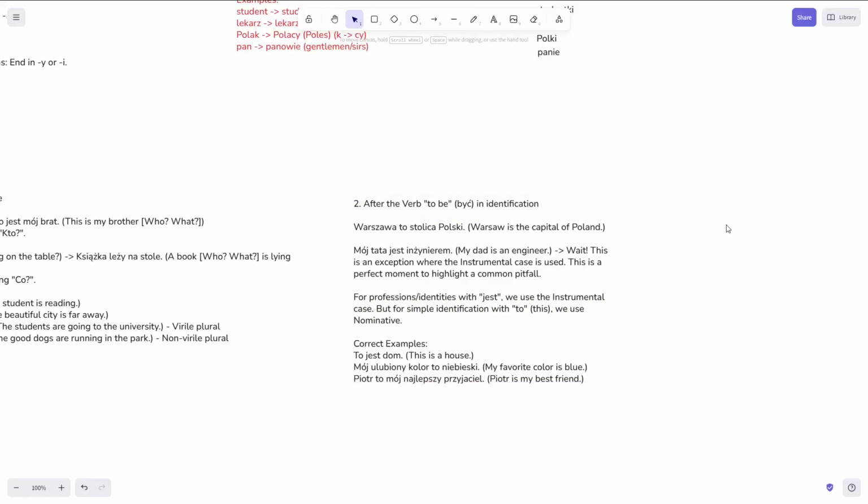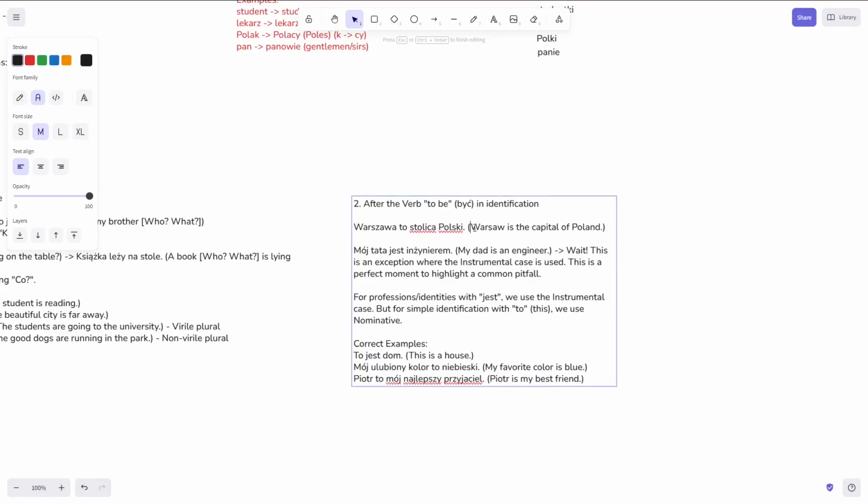So basically a form of identification. And there are two important things right here. First of all, this sentence. Warszawa to stolica Polski. Warsaw is the capital of Poland. Okay? So, first of all, to just clarify the nominative thing, again, if we were to blank this word out, blank is the capital of Poland.